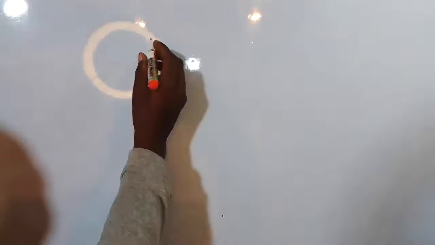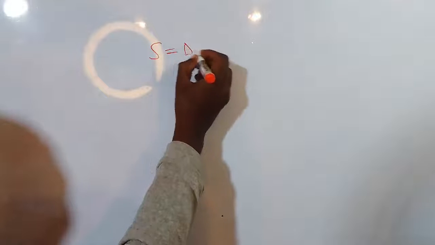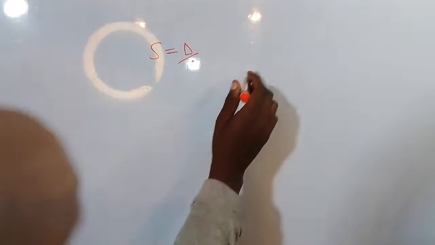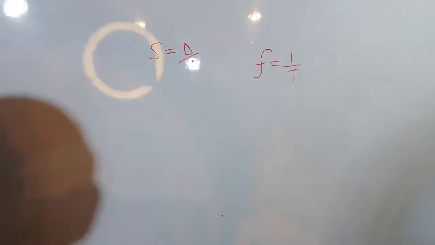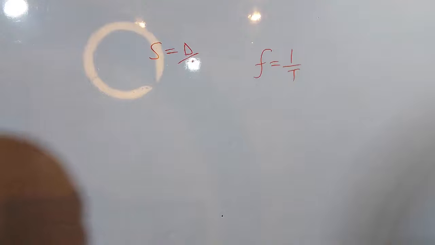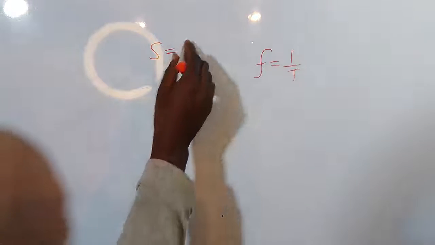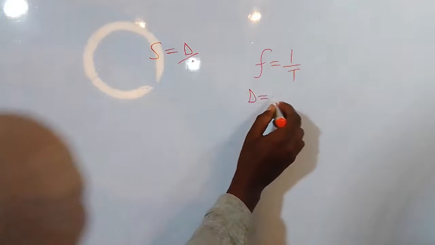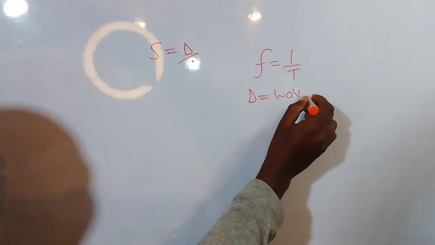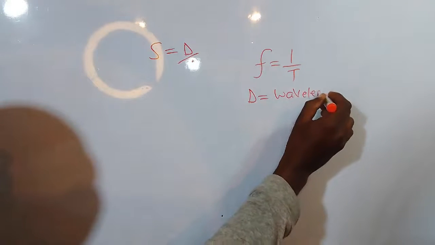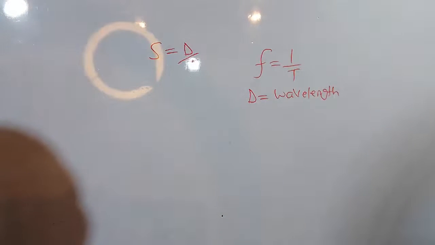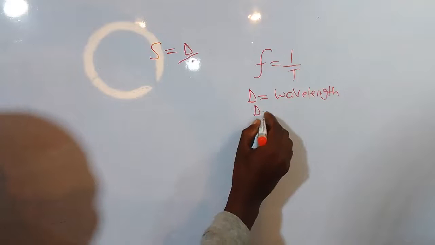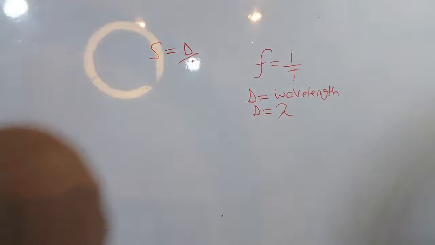We know that speed equals distance over time, and we also know that the frequency of the wave is 1 over t. Now this distance is normally the wavelength.